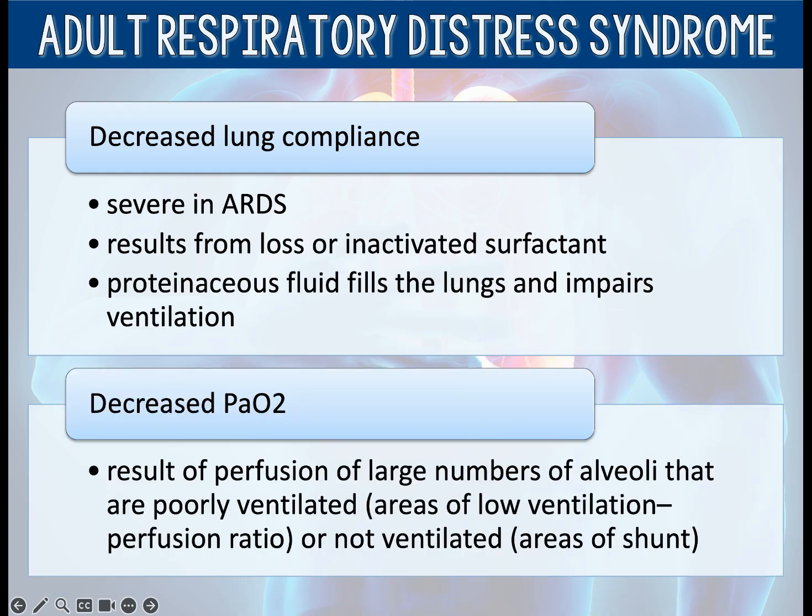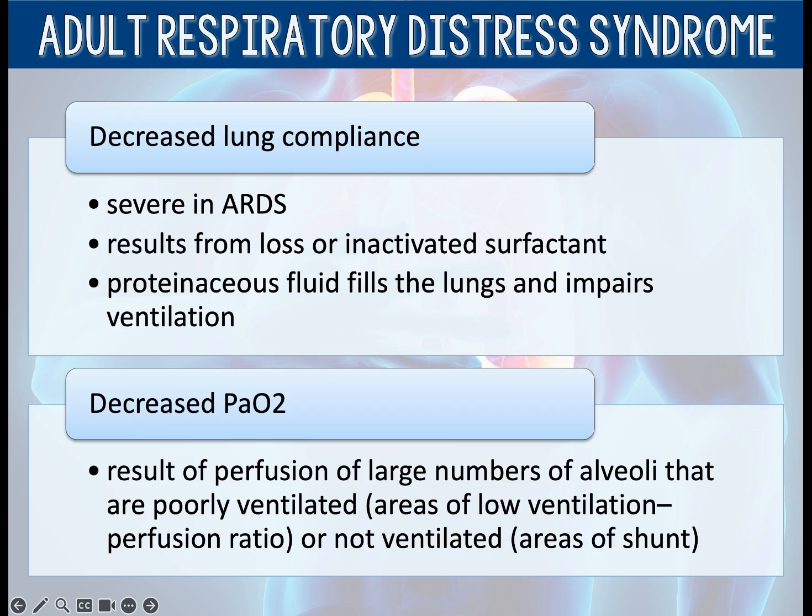There's also decreased partial pressure of oxygen, and this is a result of perfusion of large numbers of alveoli that are poorly ventilated. So you have these alveoli that you could be sending blood to, but they're not ventilated very well. If they're not ventilated, they're not bringing oxygen to that area.